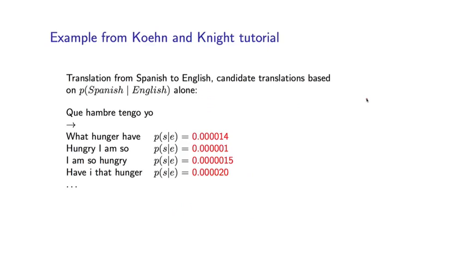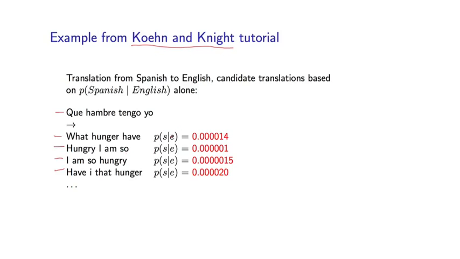So here's an example of the noisy channel approach from a tutorial by Philip Koehn and Kevin Knight. Imagine we're trying to translate, in this case, from Spanish into English. There are many, many possible translations, many possible English sentences, and what we've shown here is a few possibilities.